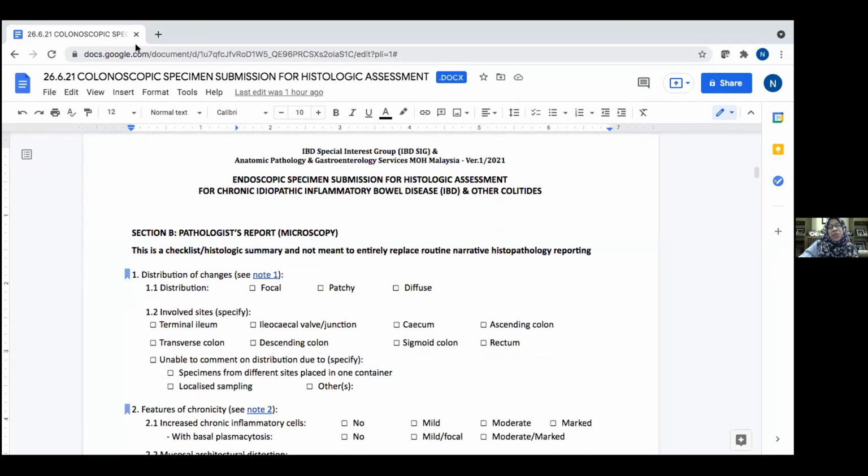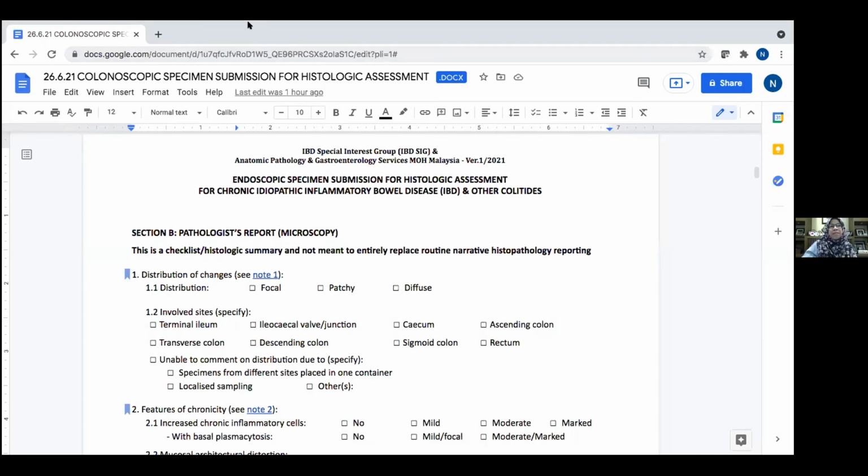Sometimes you have a limited sampling of a small amount of tissue. Also, sometimes when you do levels, you will see occasional neutrophils in the epithelium or the surface epithelium. Personally, I still call it mild activity if there are neutrophils only in the lamina propria.